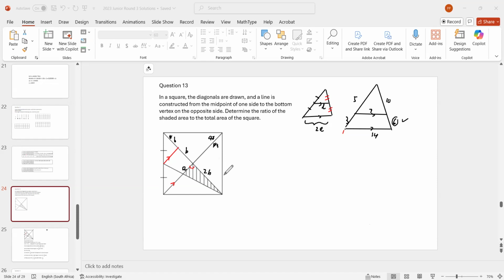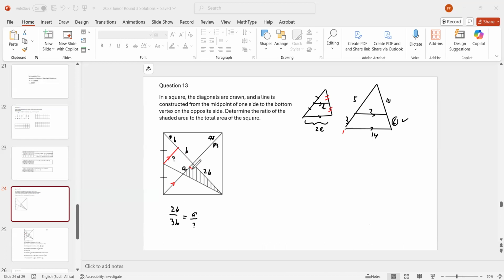How is that so? Because I've got the large triangle, the ratio of 2B to the large triangle is 2B over 3B. This over this side in the large triangle will be the same as this over that one. Right?